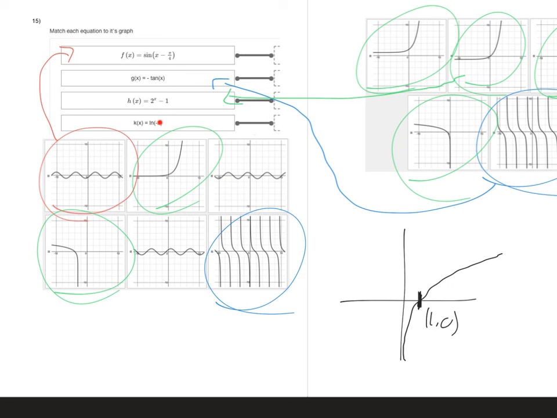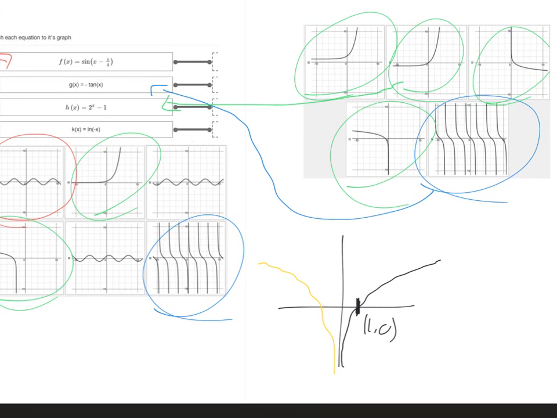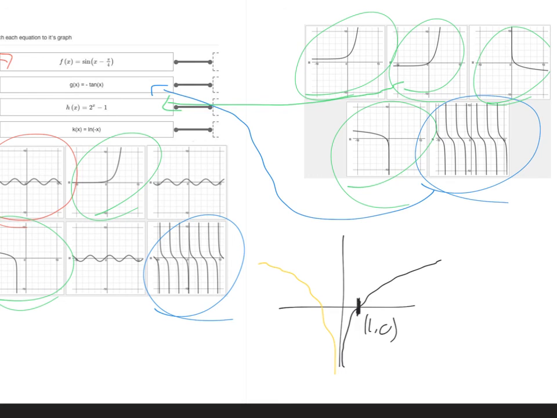Well, it changes the sign on all of the x's, which reflects my graph over the y-axis. So I'm looking for a graph that has been flipped over this way. And that appears to be this one.